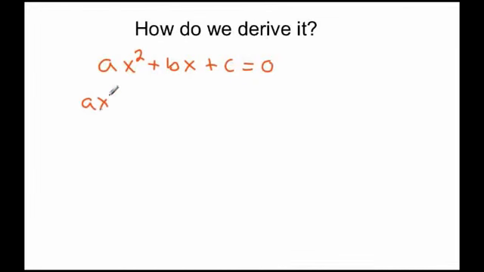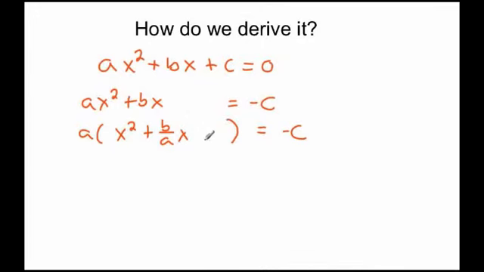We take the constant c and we move it over to the other side, and then we factor out a from x squared and bx, and then we figure out the little piece we need to fill in for a perfect square here.